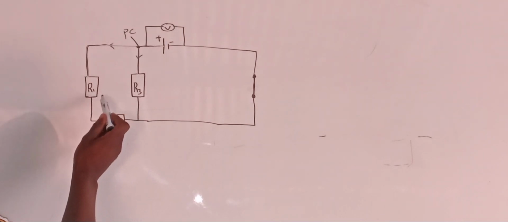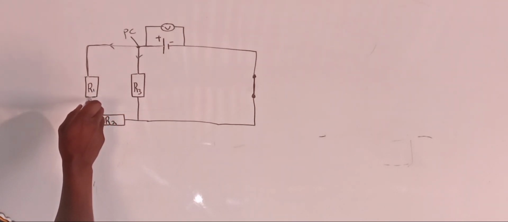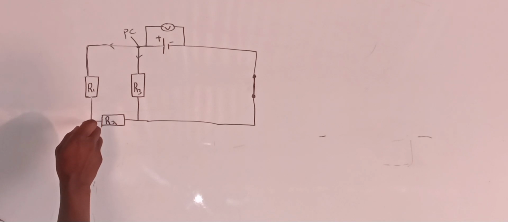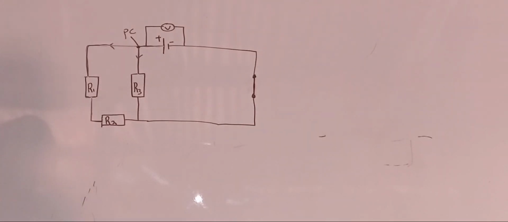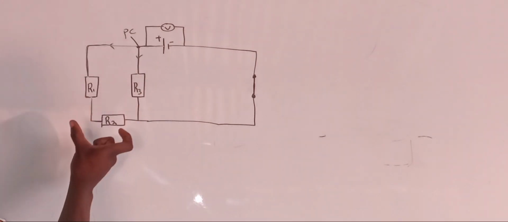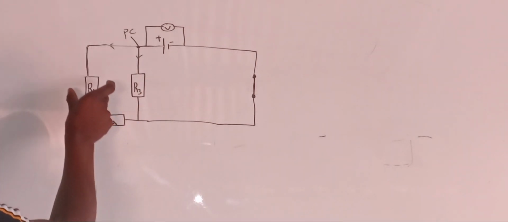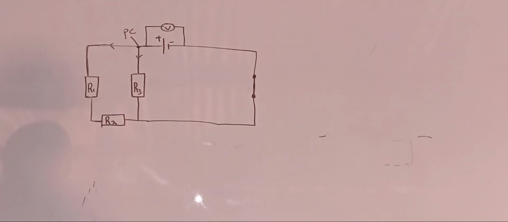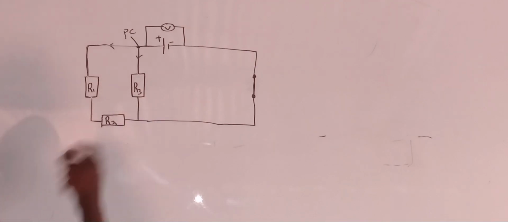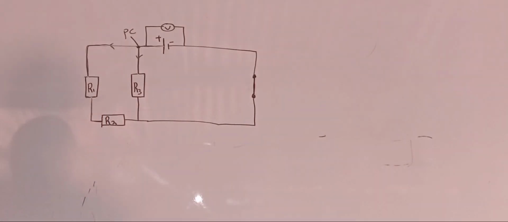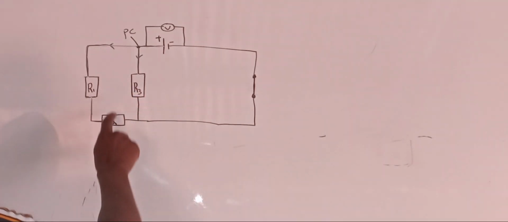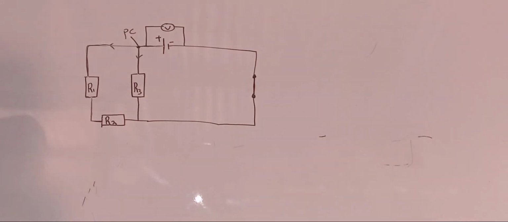Then, as you can see, the current that is flowing out of resistor number one is the same current, the splitted current, that will get into resistor number three, meaning that inside the parallel connection we got resistors that are connected in what? Connected in series inside what? The parallel connection. Meaning that R3 is not in parallel with resistor number one only, but it is in parallel with both the resistors, because the current that gets in resistor number one is the same current that gets into resistor number three, the splitted one.